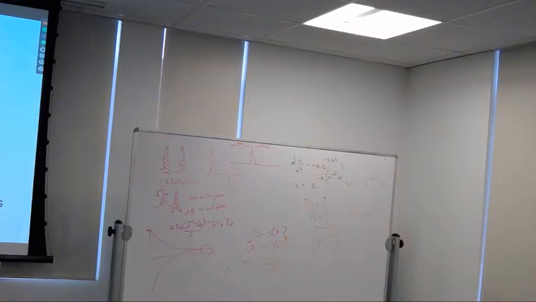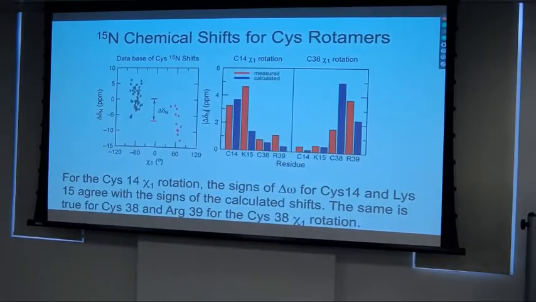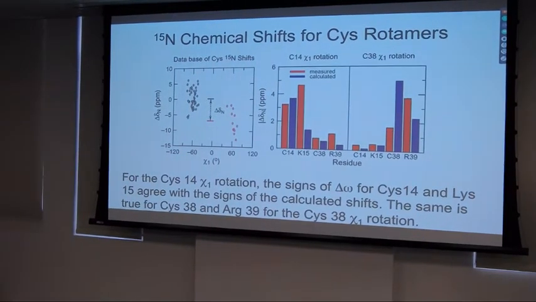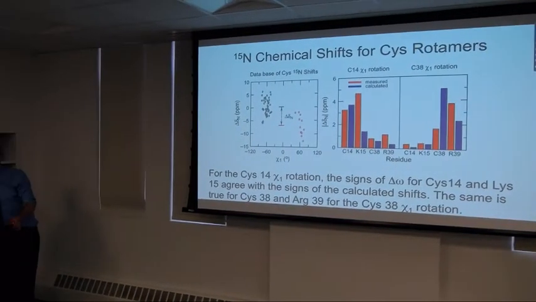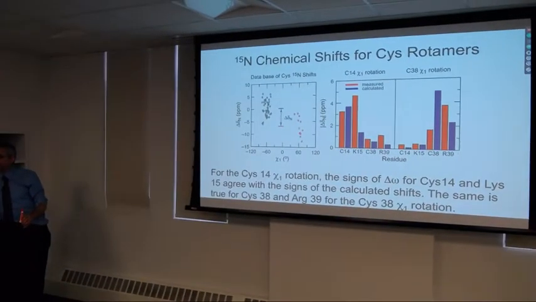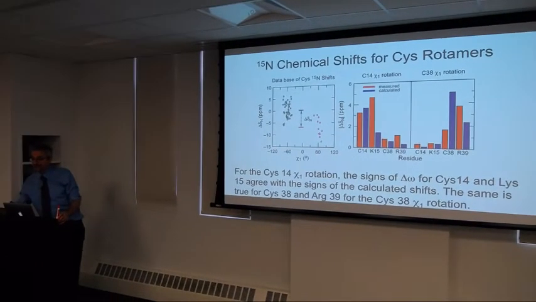That's one reason the R1 rho experiment has become more popular in recent years. But there are also ways of trying to estimate the sign of delta omega, and there's 2 ways of doing this. The first is to compare an HSQC experiment to an HMQC experiment.